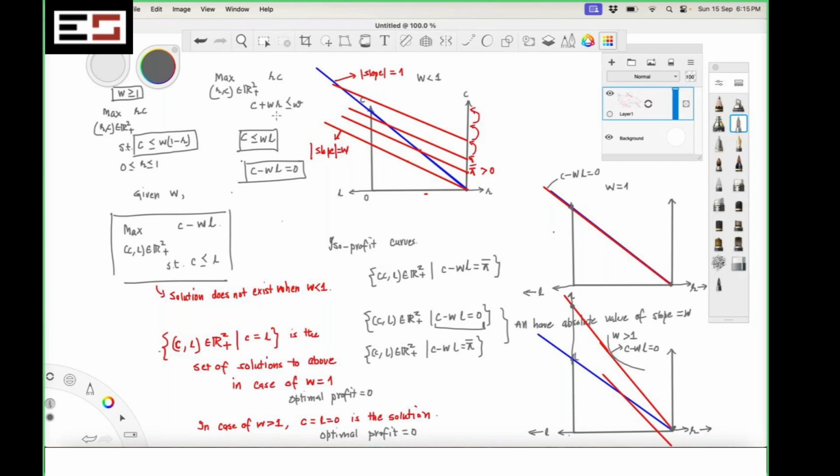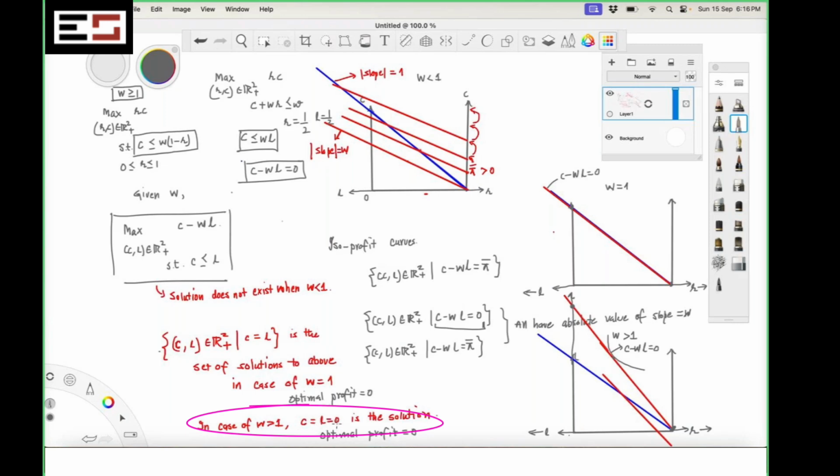We are going to get R equals W by 2W, which is half. And this implies that L is equal to half. So when W is greater than 1, R is half, L is half.